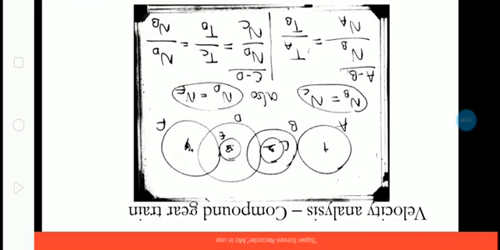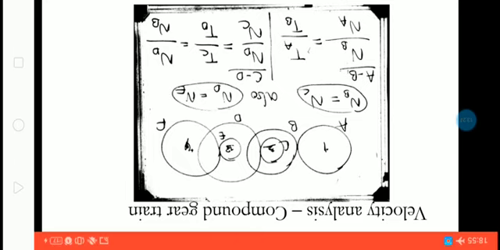Now we consider each mesh. First mesh is AB. In case of AB, what we can write is NB by NA equal to TA by TB. Similarly, in case of CD, we can write ND by NC equal to TC by TD.